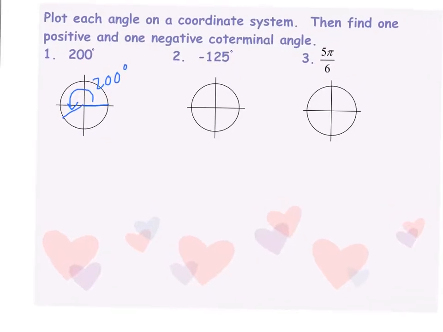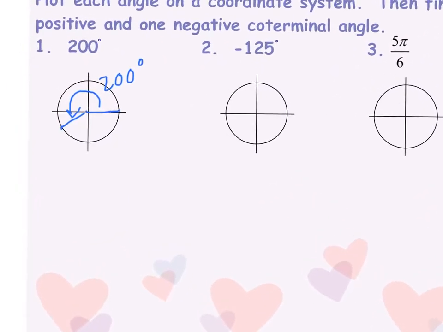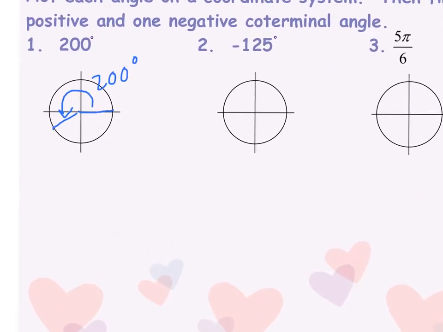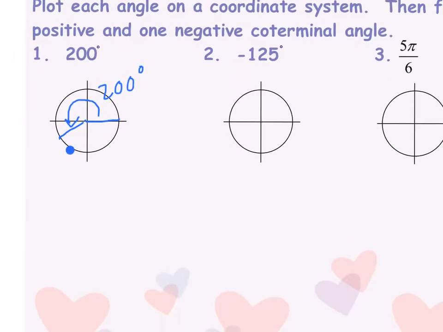To make these a little bit easier to look at, I'm going to blow them up here a bit. So that's what 200 degrees would look like. Now, let's think, what if we had a coterminal for 200 degrees?